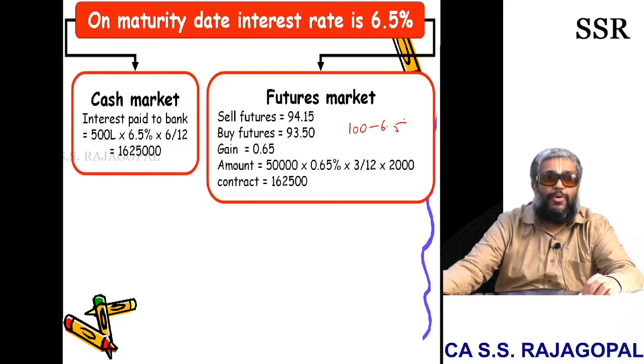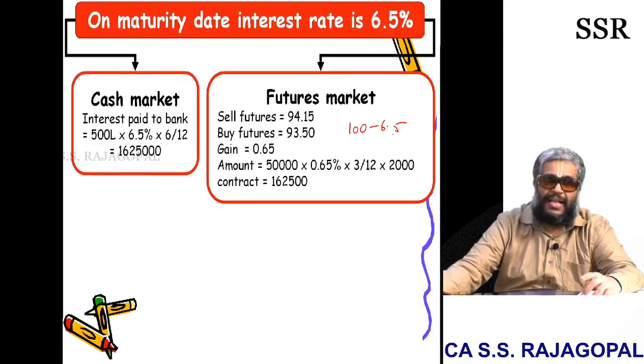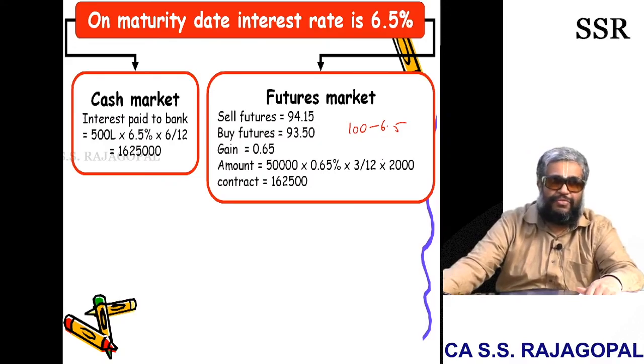It is amount 50,000 into 0.65% into 3 by 12 into 2,000 contracts, which is equal to 1,62,500.